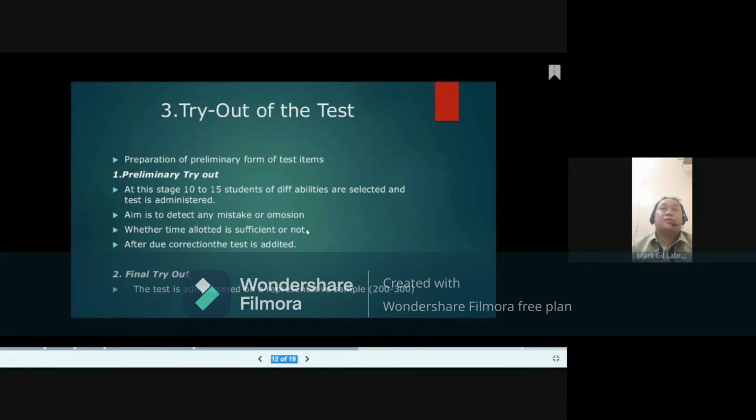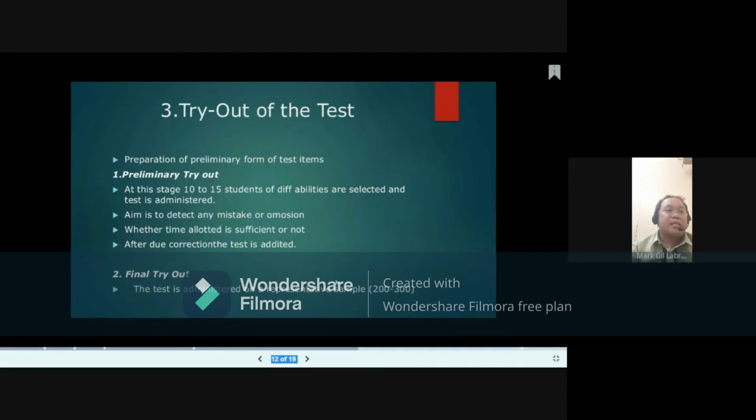If you choose a quantitative research, dapat bago ka mag-conduct ng survey or test to your respondents, merong mga ganitong tryout. Pero usually walang mga estudyante ang gumagawa nito. Diretso na sila sabak. Kaya sometimes yung result ng kanilang answers in the questionnaire or instrument, questionable talaga kasi walang tryout of the test.